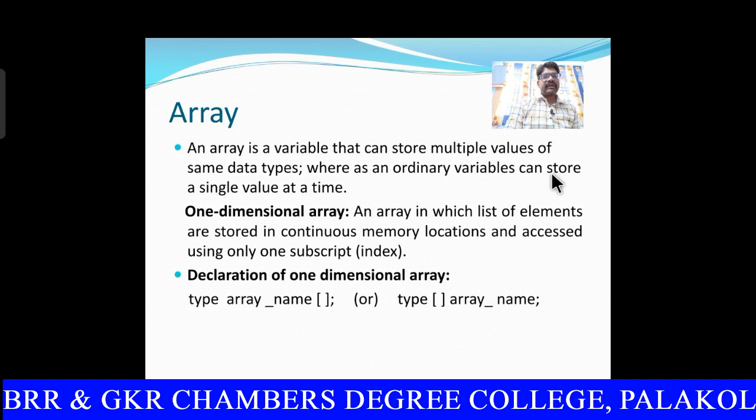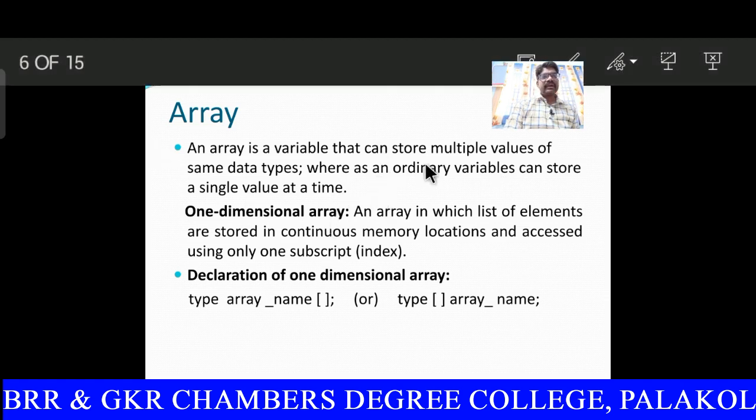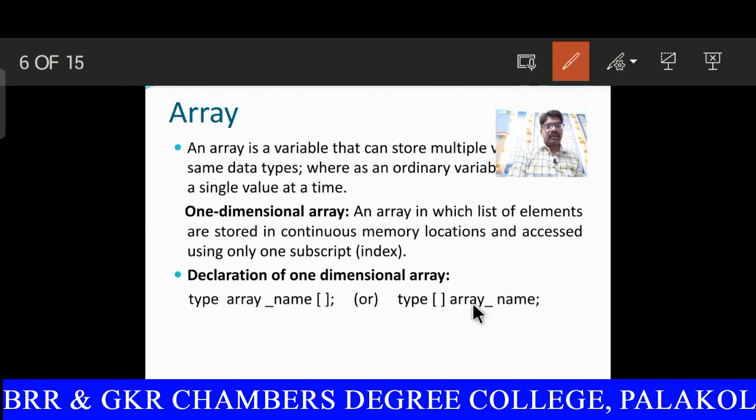An ordinary variable can store a single value at a time. So what is the difference between an ordinary variable and an array? The ordinary variable consists of only a single value, whereas an array contains multiple values.